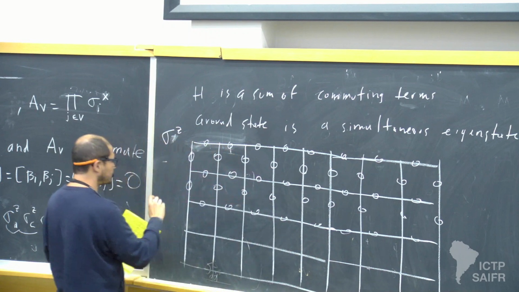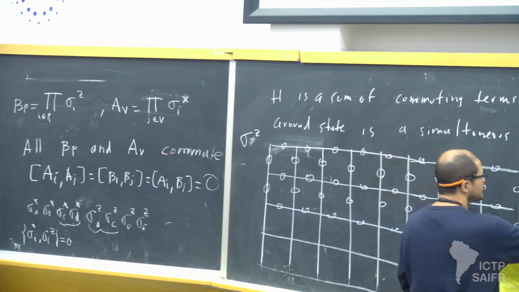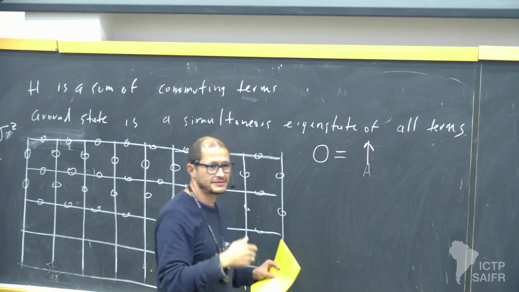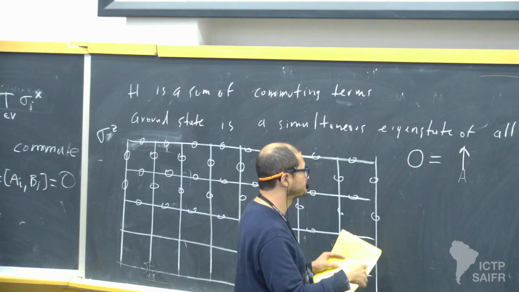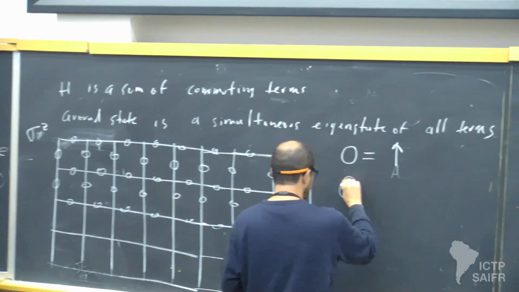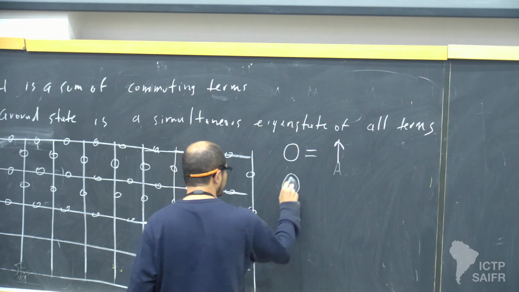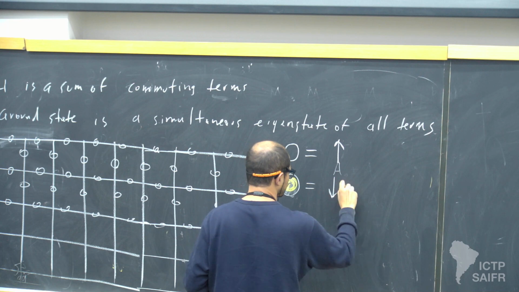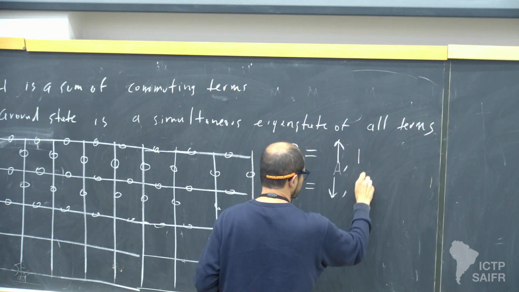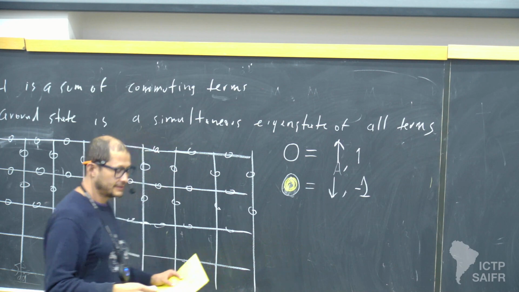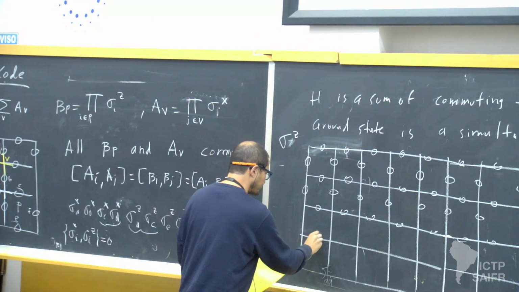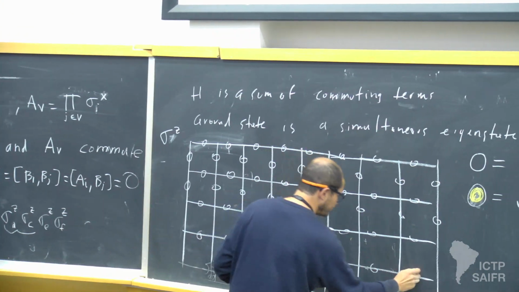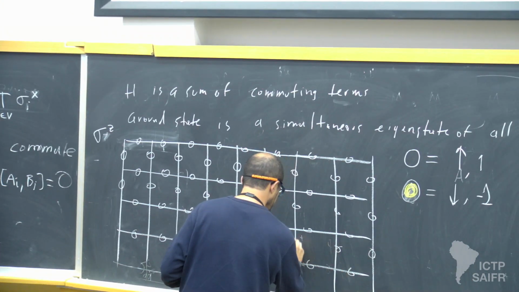I'm going to call an open circle up, or sigma z is 1, and dark, or let's say yellow, down, or -1. Whenever there's nothing, let's assume there's a white empty circle.